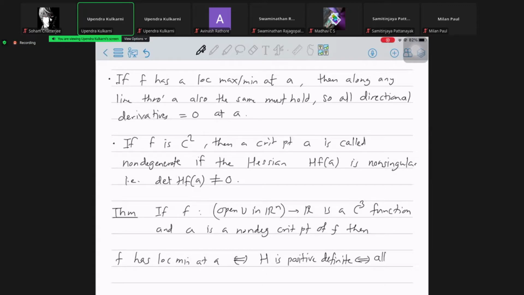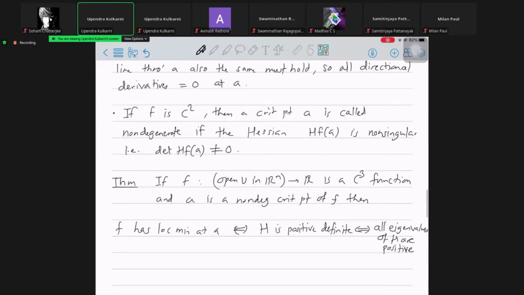So which is to say, one equivalent characterization: all eigenvalues of H are positive. And in exactly the same way, F has a local max at A if and only if H is negative definite. F has a local maximum at A if and only if minus F has a local minimum.